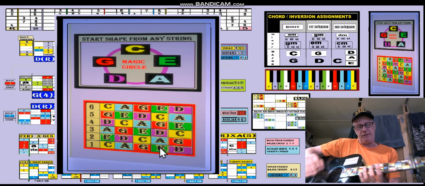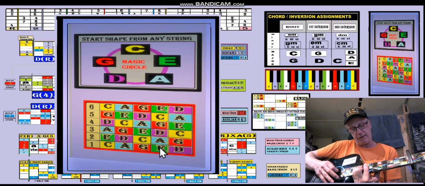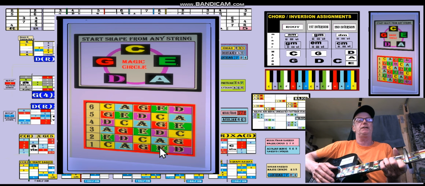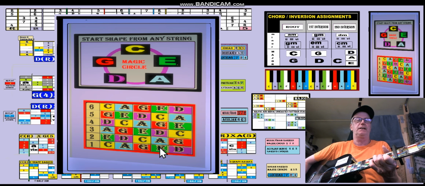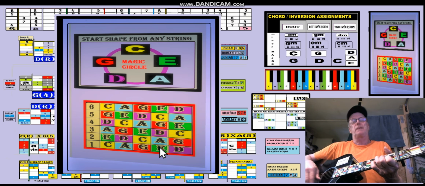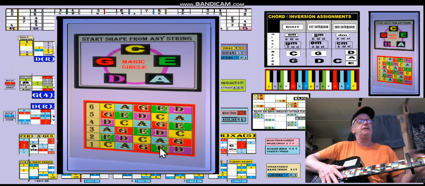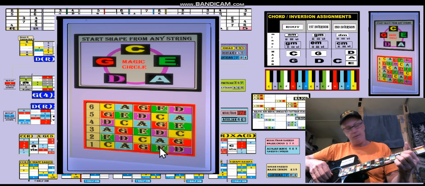You can get the E-shaped C. The E-shaped C, right, because remember, CAGED is in C. C is C-shaped C in CAGED. Then D, way up here, a D-shaped C. But did you know D can be played down here on your open even?